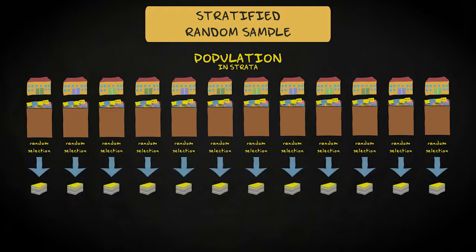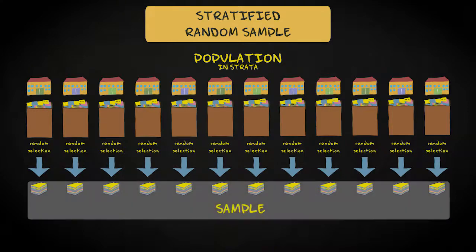Next, you select a simple random sample of pieces of paper from each box. All these pieces of paper together form your sample. An advantage of this method is that you can make sure that you have enough subjects from every stratum in your sample. A disadvantage is that you need a sampling frame and that you need to know to which stratum each respondent belongs.